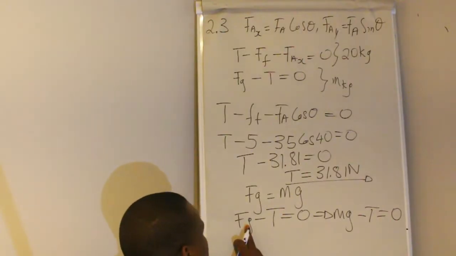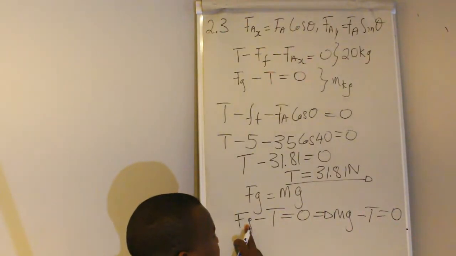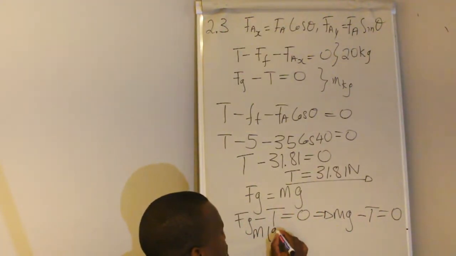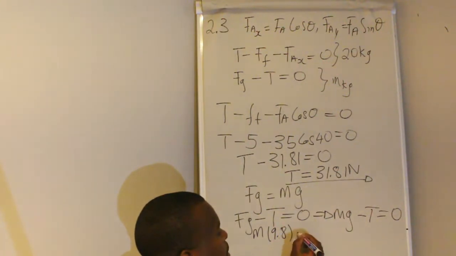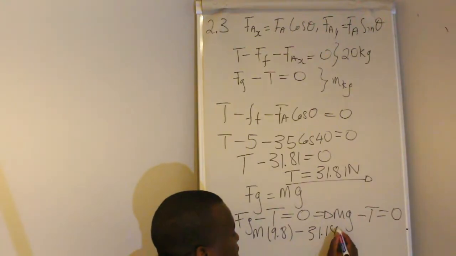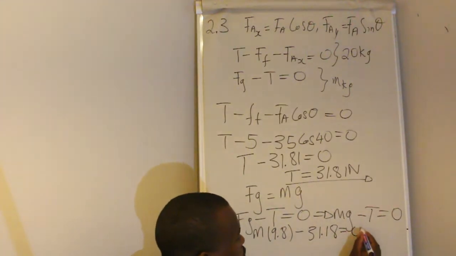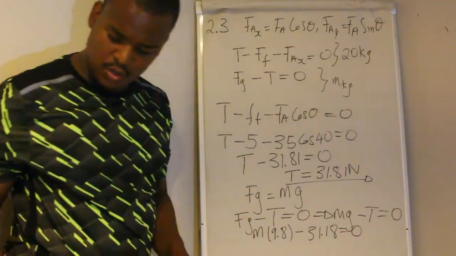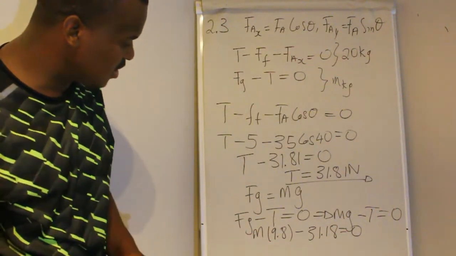This is how you calculate gravity. And then from here, okay, mg, in m you don't know m, g is 9.8, minus tension, which is 31.81, is equal to 0. So you can proceed with this to the next page.